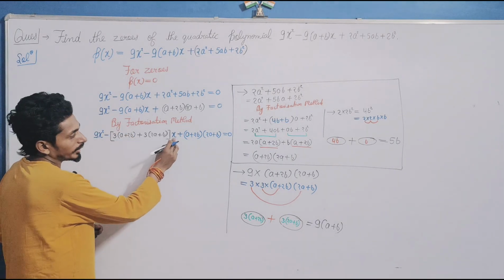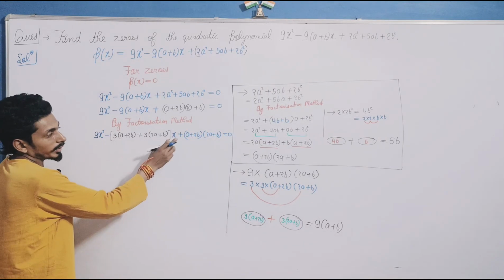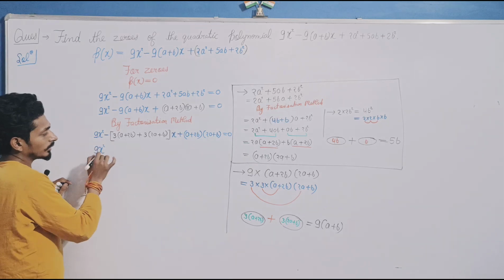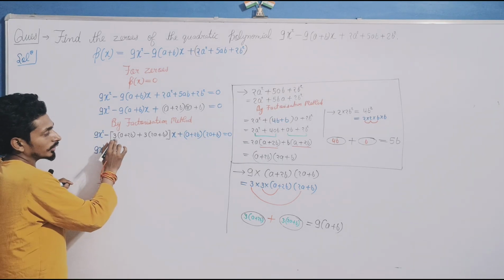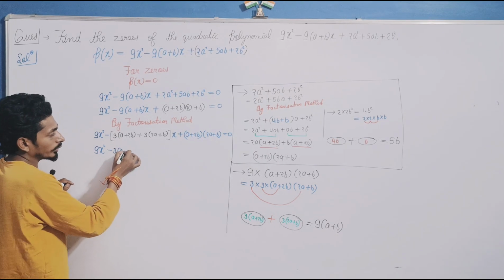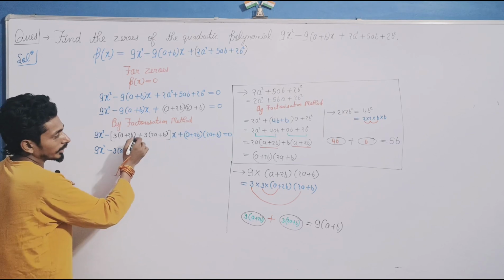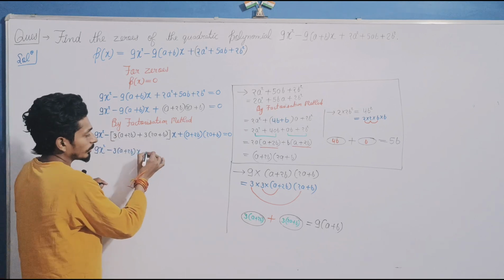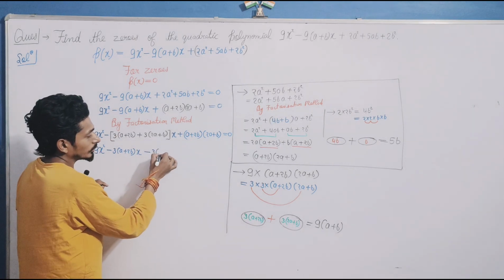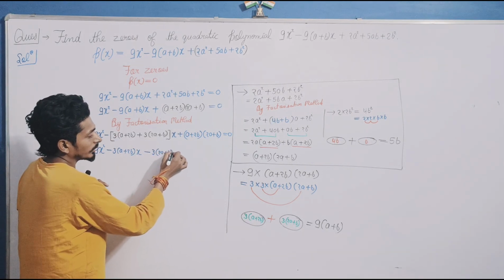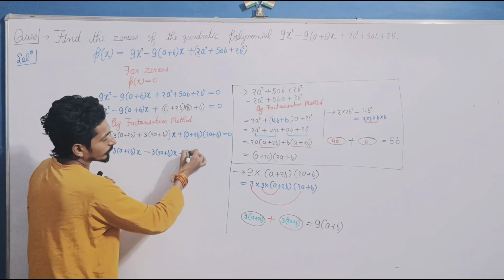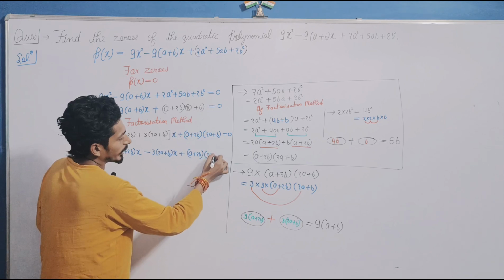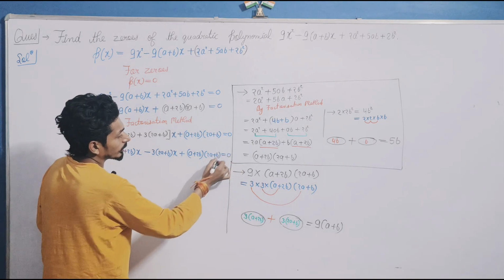After that we multiply with x, or minus. So we can write 9x square minus 3 into (a plus 2b) into x, minus 3 into (2a plus b) into x, plus (a plus 2b) into (2a plus b) is equal to 0.